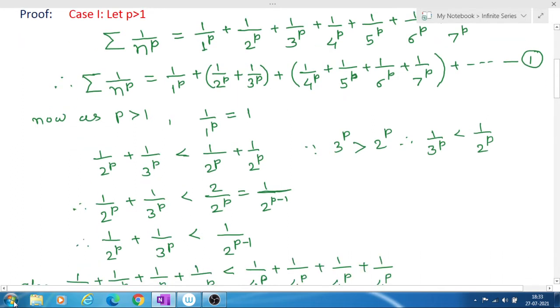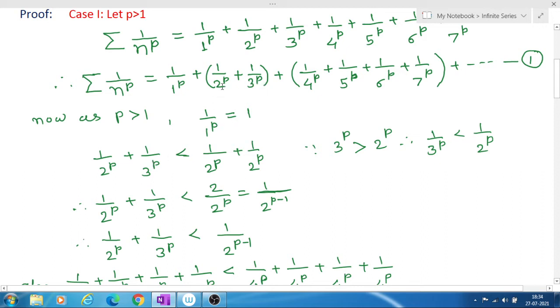Now since p is greater than 1, 1 upon 1 raised to p is equal to 1, because 1 raised to any number is equal to 1.